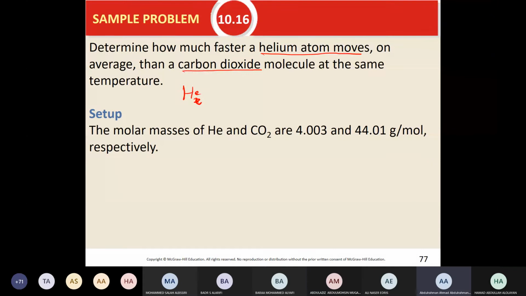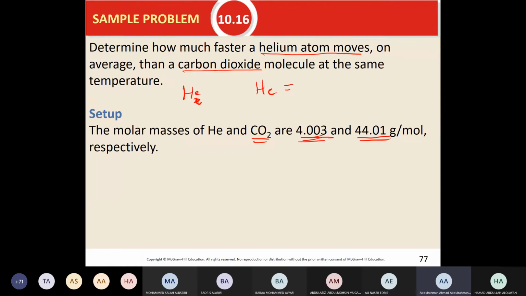What's the molar mass of helium? Okay. What's the molar mass of CO2? 44.01. Exactly, and this is the mass of helium.